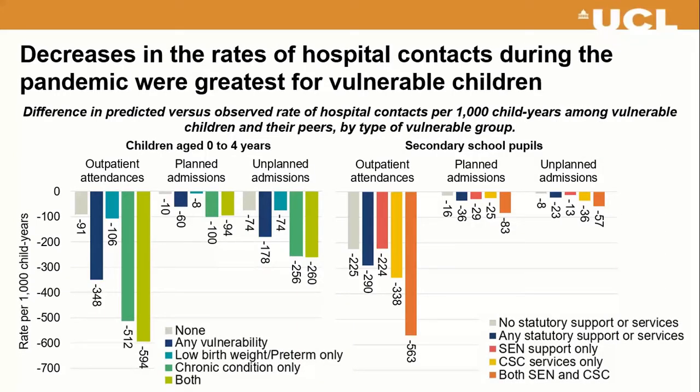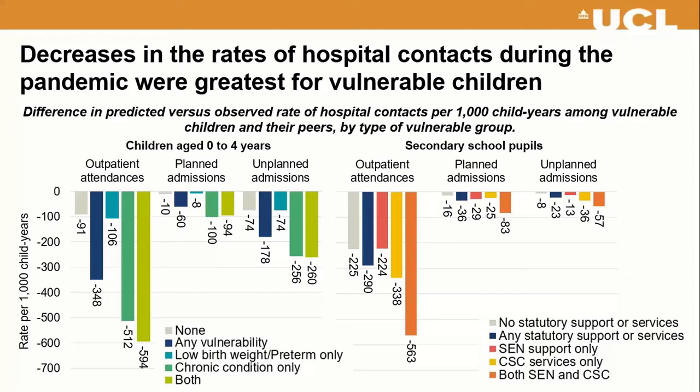So this graph shows the difference between those expected or predicted rates of hospital contacts that we would have expected to see in 2020 and what we actually saw amongst these two vulnerable groups that we were focusing on. And so what you can see here is that the greatest decrease in rates were in outpatient attendances, which makes sense because that's the most common type of contact with hospitals that children have.